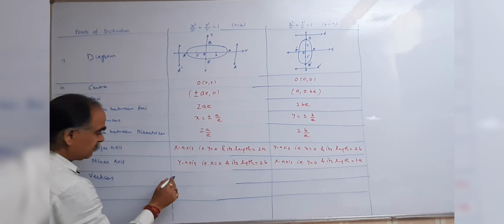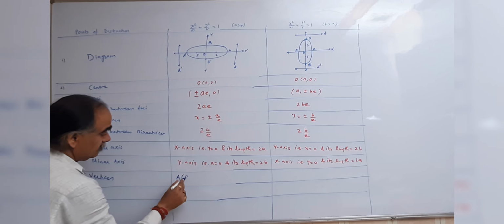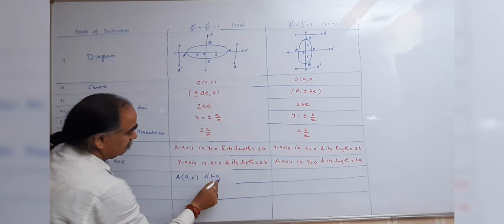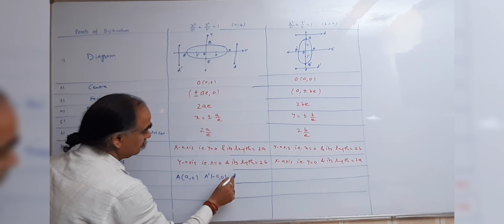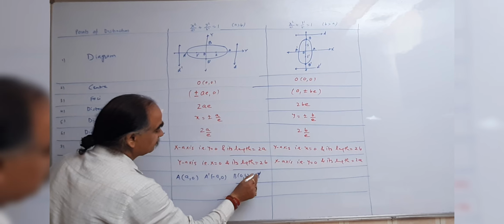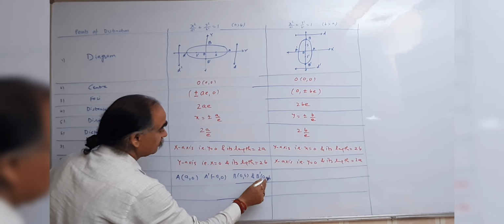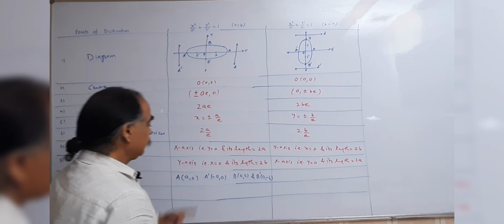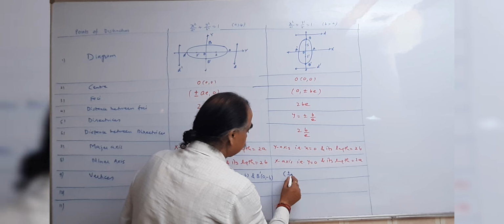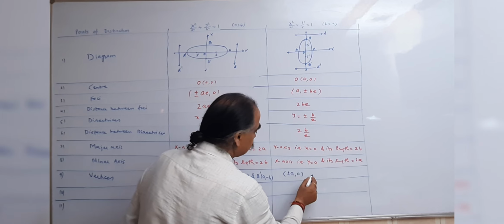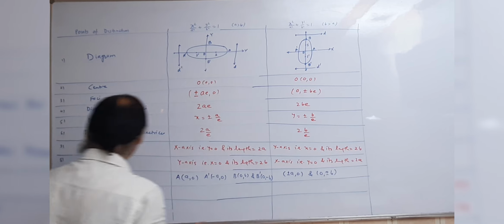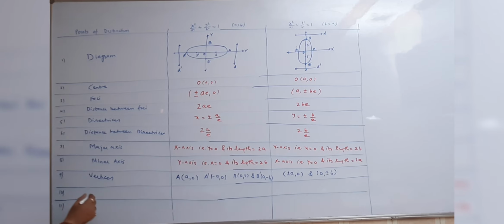Coordinates of A, A dash, B, B dash are a, 0, minus a, 0, 0, b and 0, minus b. In shortcut, the 4 vertices can be written as plus minus a, 0 and 0, plus minus b.